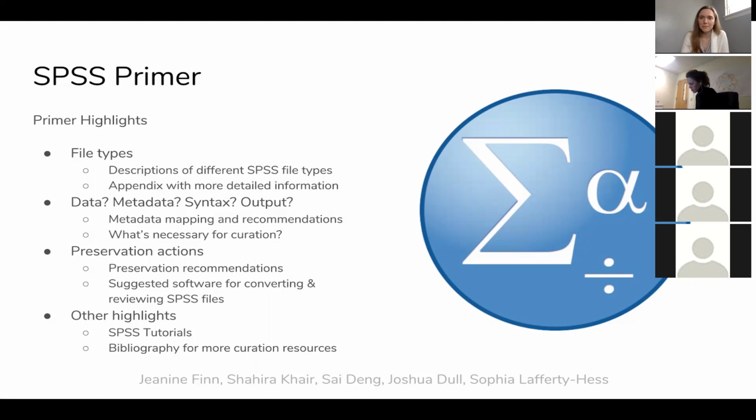Since SPSS is proprietary, there isn't necessarily a guarantee that it will be around forever. So creating that CSV version as a backup, at the point when you receive it, as soon as possible, is really important, just in case something happens.